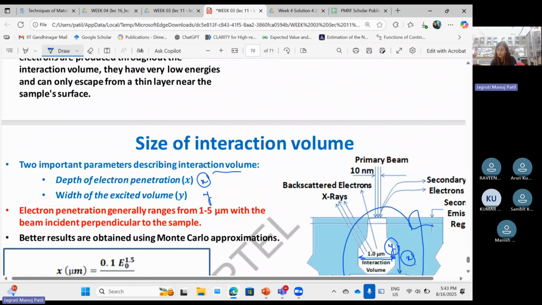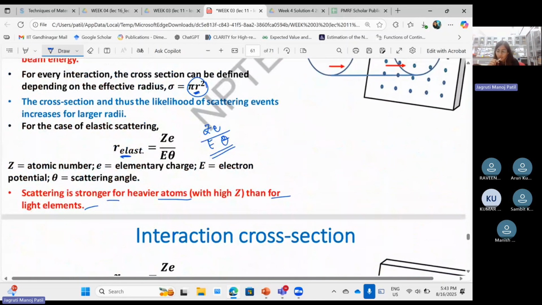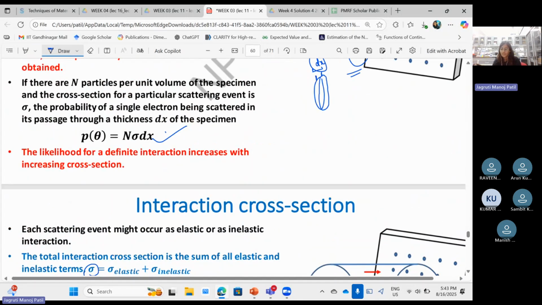Okay, so do you have any questions in these three sets of lectures? If not, then we'll quickly go over the first two sets of lectures in week 4, and then we'll have the assignment. Any questions?